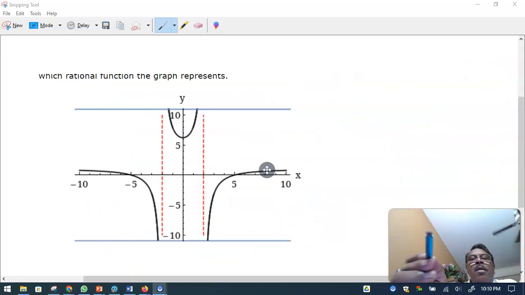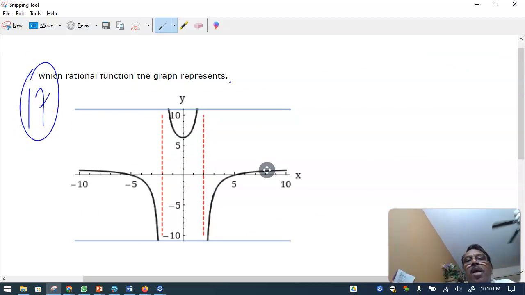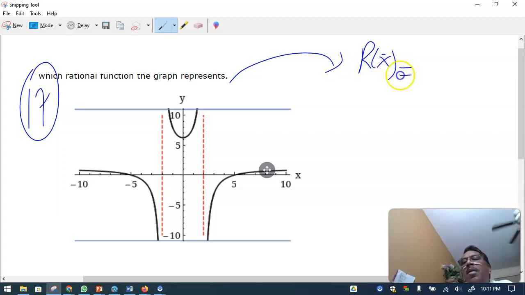Next to the last one. The challenge here in problem number 17 is, can you write the rational function? Let me call this R of x or f of x, whatever that is, and you have to have something up and down. By just knowing that it has a dotted line, look at this, they go through 2, and this one goes to minus 2.